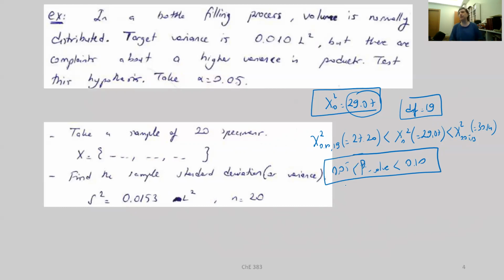Now, I expect you to have understood the concept of p-value. If you have, you should realize why at a significance level of 0.05 we were not able to reject the null hypothesis. But if the significance level were slightly greater, for instance 0.10, then we would have rejected the null hypothesis.